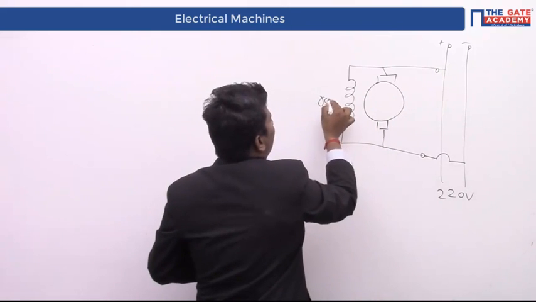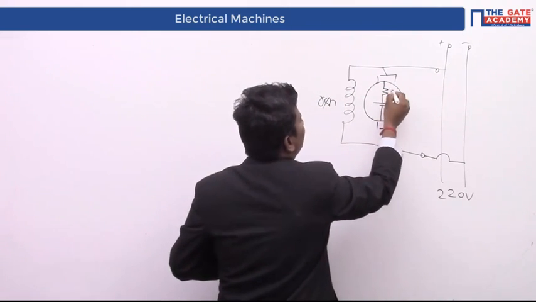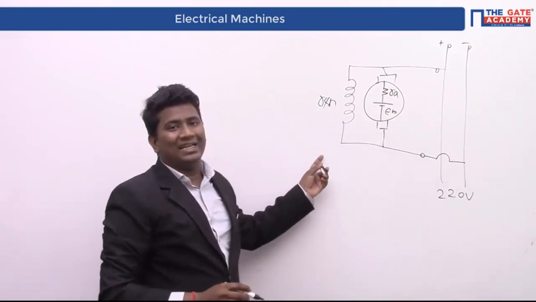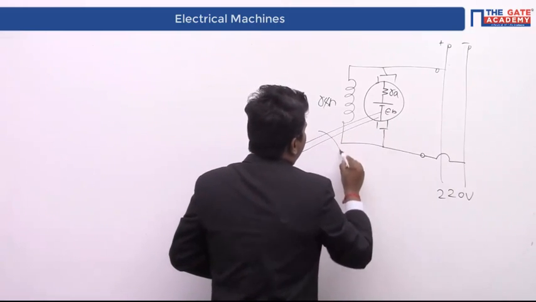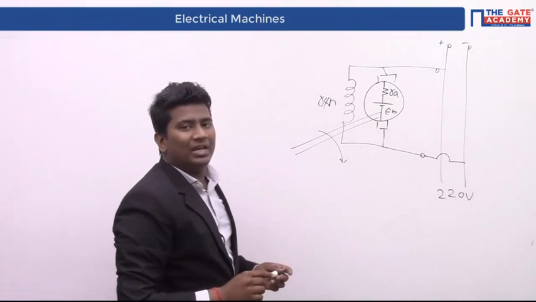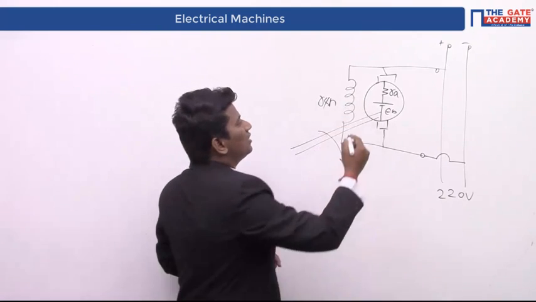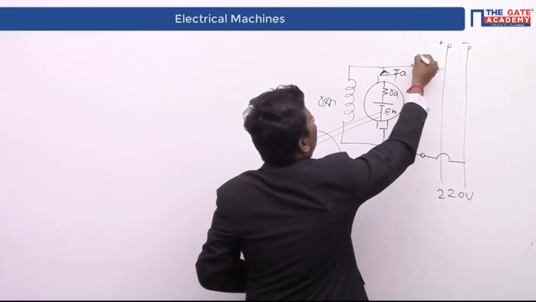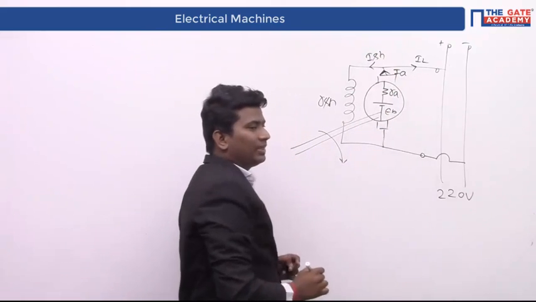So this is your R_sh and this is your armature resistance and this is your back EMF. So initially it is acting as a generator because of some mechanical prime mover through a belt conveyor. So it is running as a generator. It will give an armature current like this and it will send the current I_L, and this is the shunt field current.